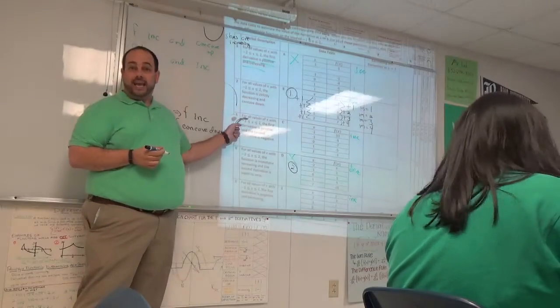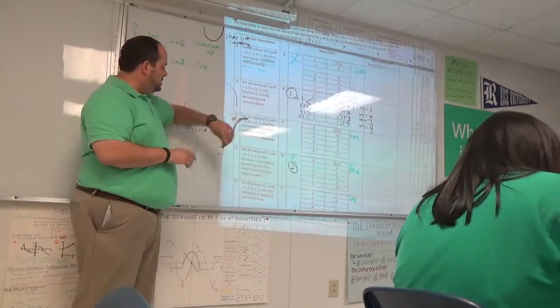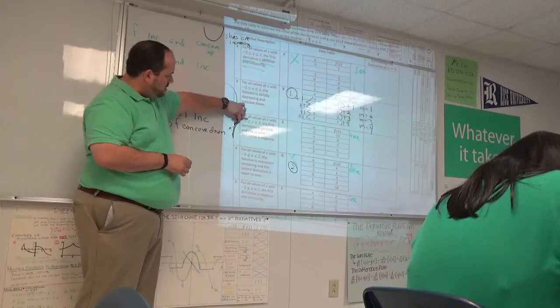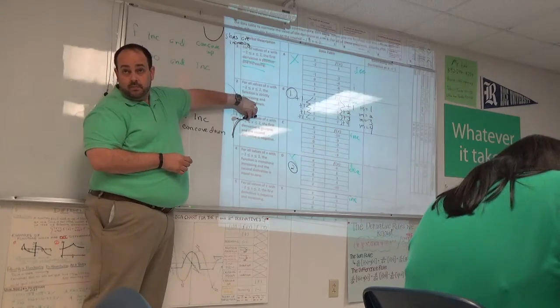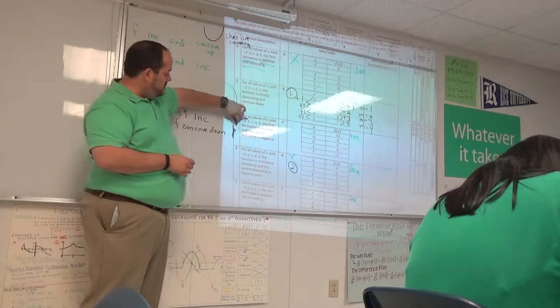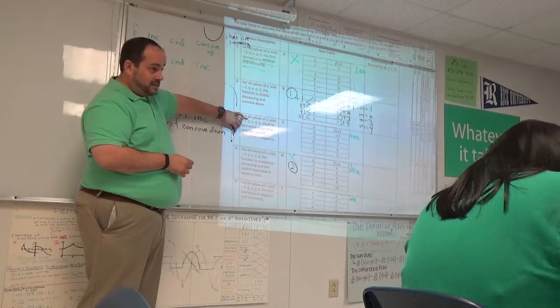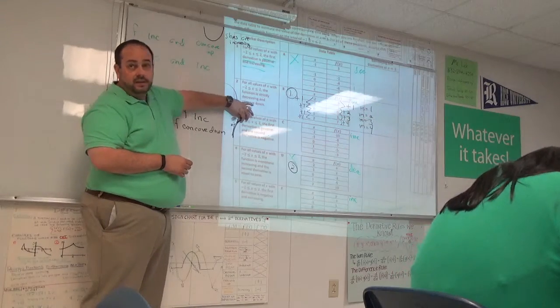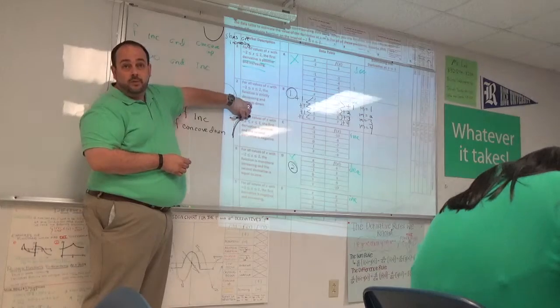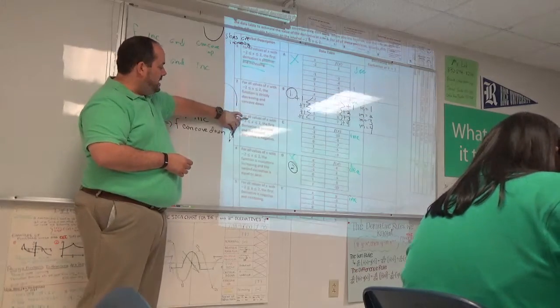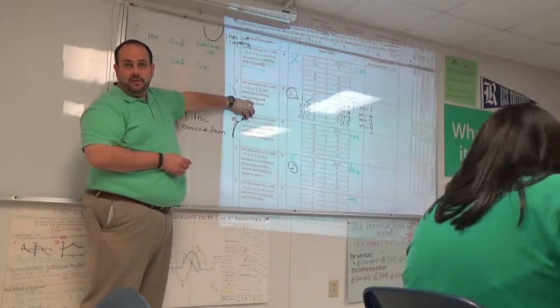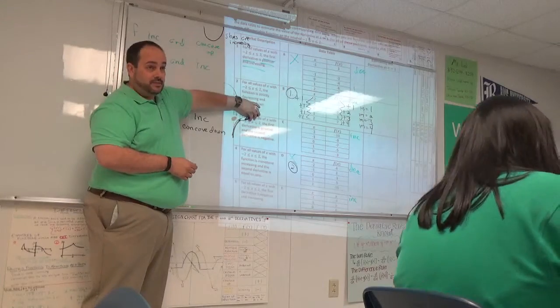Y values getting bigger, slopes less positive, less positive, less positive, zero. The slopes should all be positive, but getting closer to 0.